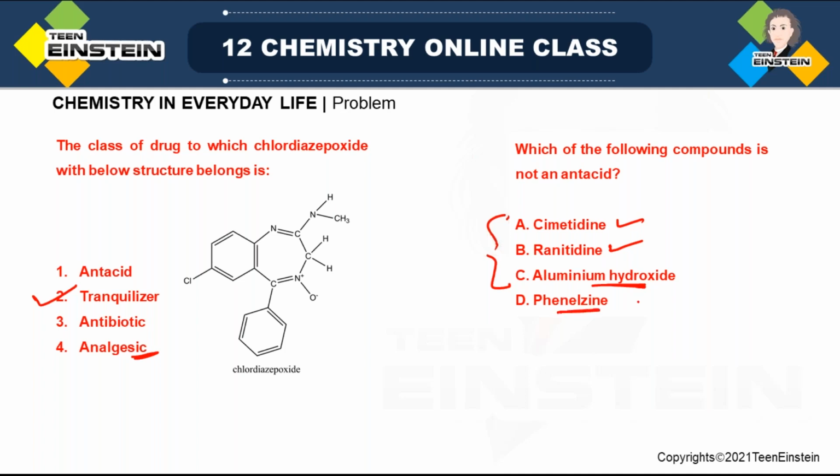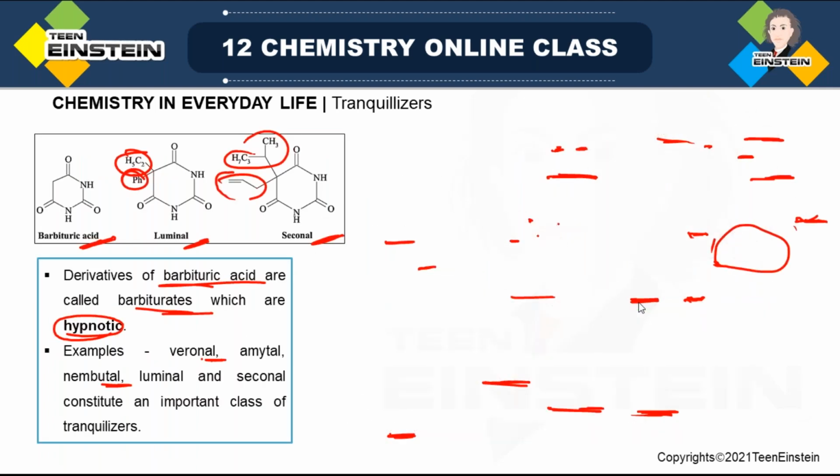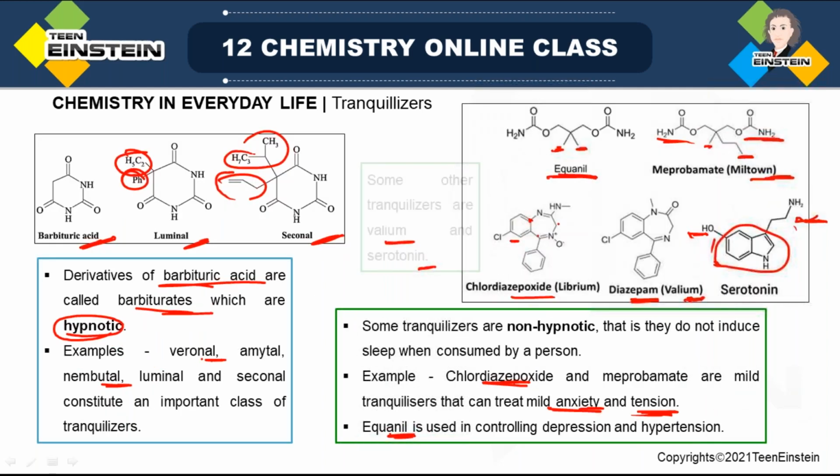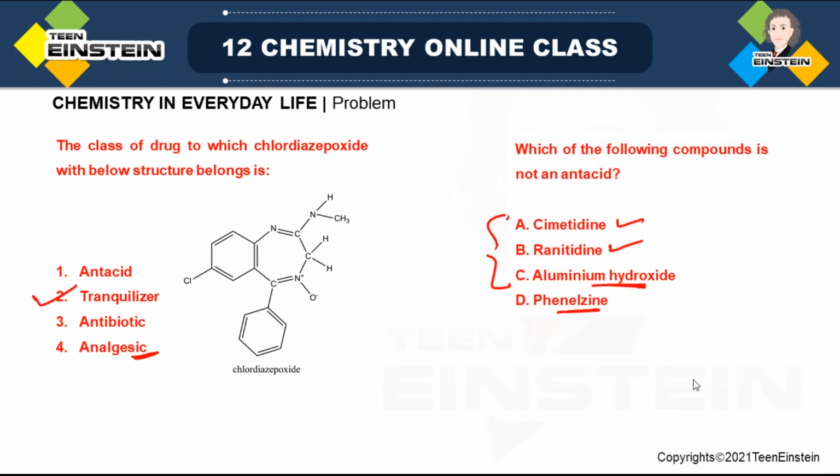But phenelzine is completely different. Remember where we have seen the phenelzine structure? We have seen it here, and it is under tranquilizer. So obviously this is not an antacid. So the last option should be the correct option, option D.